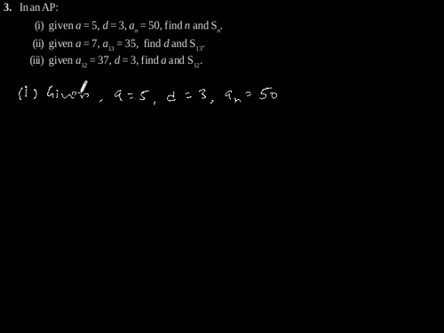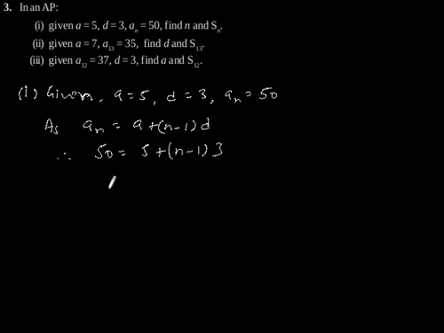Now, as we know, an is equal to a plus n minus 1 into d. Therefore, putting the value, 50 is equal to 5 plus n minus 1, d is 3.